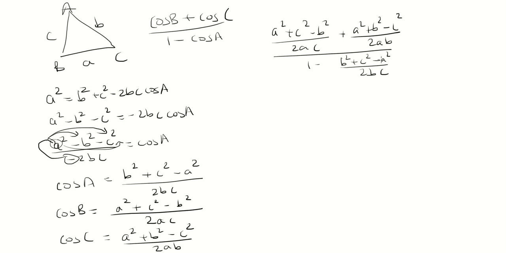Well, first we need to get a common denominator. So for the top, clearly the denominator is going to be 2abc. So we'll multiply the top by b over b and c over c. And here we'll multiply by 2bc over 2bc.